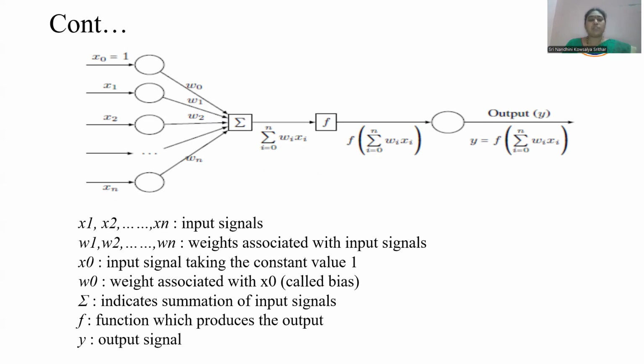Then we take the summation, the sum from i equals 0 to n of wi times xi, and these values are sent to the activation function. In the activation function we apply a specific function, chosen based on the problem, and then we add the bias and give the output.